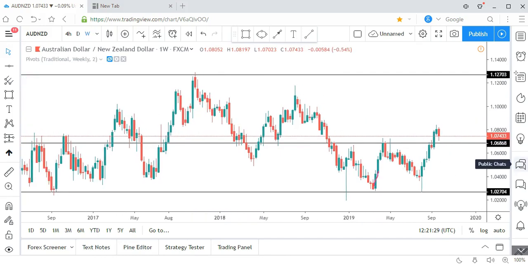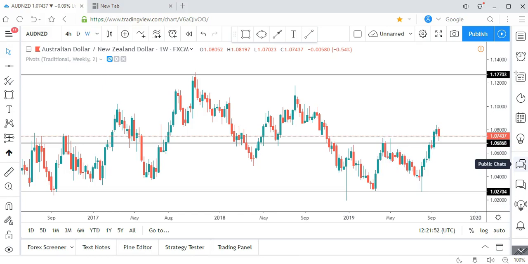Lately, as price rallied up and hit this resistance here at the 1.06868 zone, we had a pullback, a deep pullback, 100% pullback for that matter, and price rallied again and closed above this key resistance.